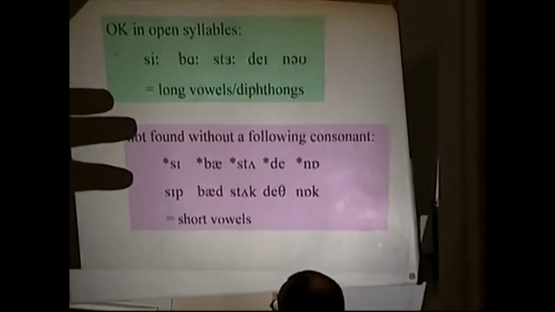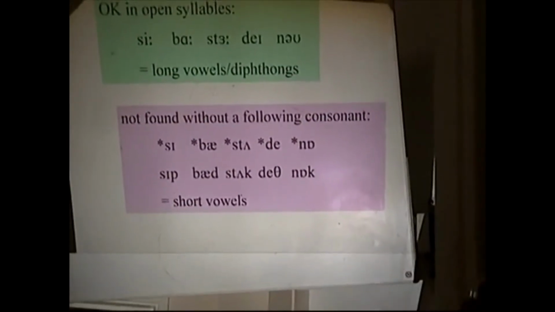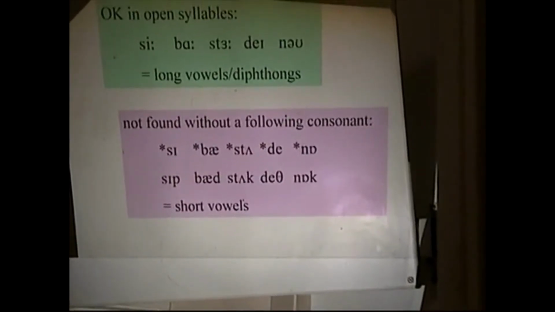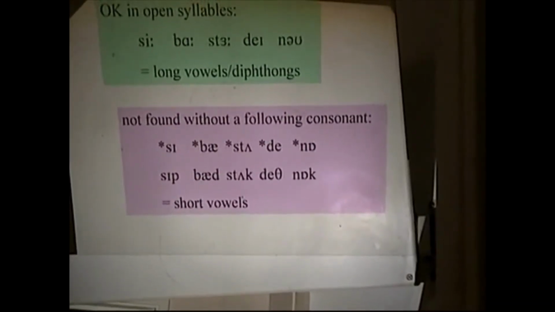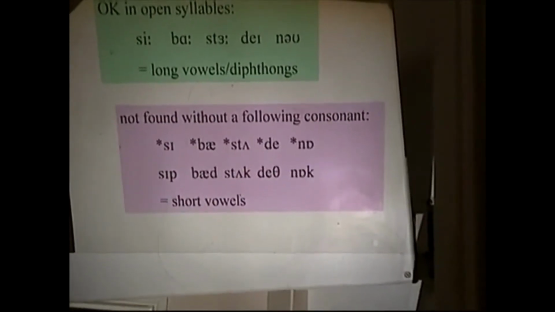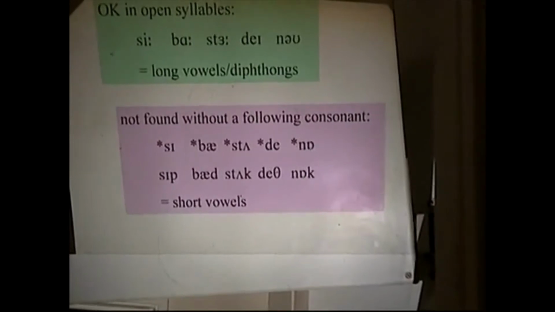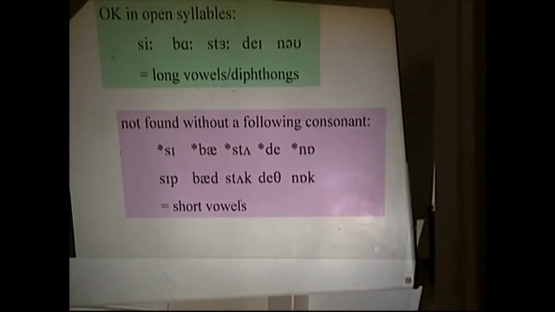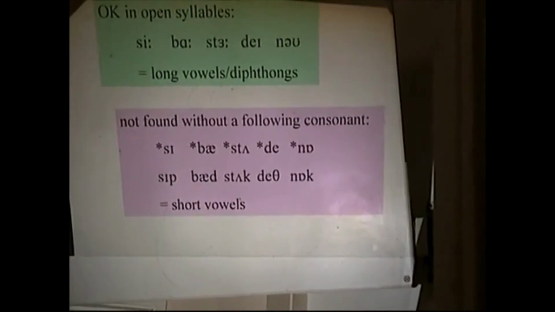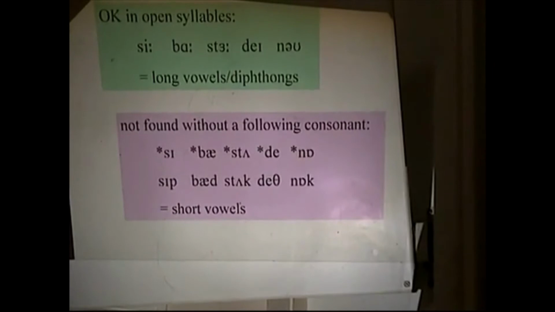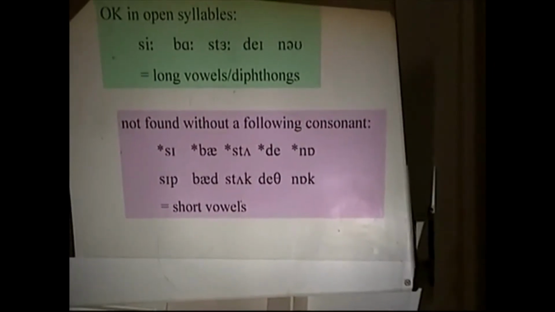So here at the top, we've got the green box, examples of long vowels and diphthongs. We have words like see, bar, stir, day, no. And you can see that those vowels, long vowels and diphthongs, can occur in a word without a following consonant.